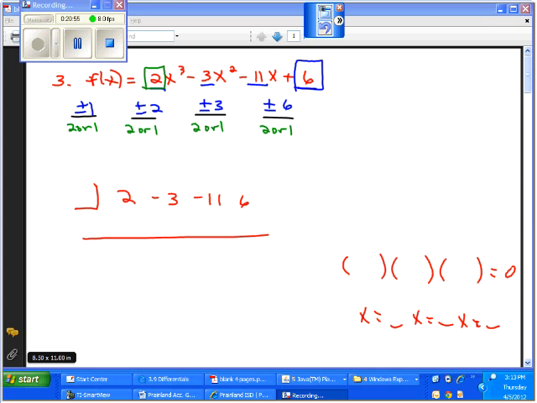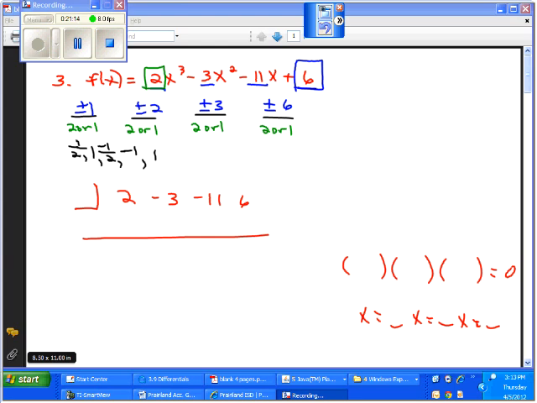I could have said 1 or 2. And then we're going to get the combinations. 1 over 2 is a half. 1 over 1 is 1. Negative 1 over 2 is negative a half. Negative 1 over 1 is negative 1.